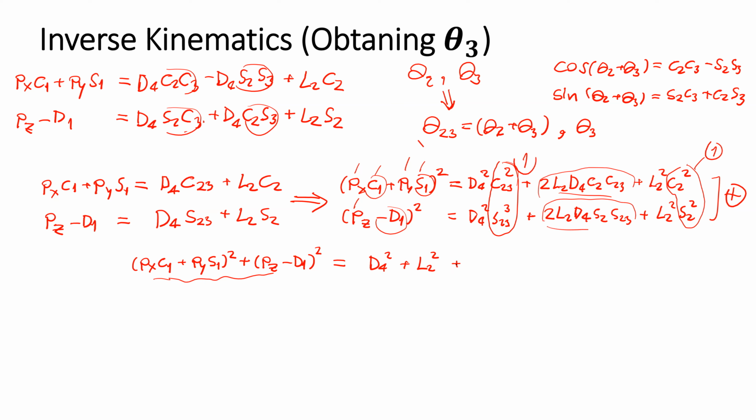We have 2 L2 D4, and we have C2 C23 plus S2 S23. Can you get some hint from here?